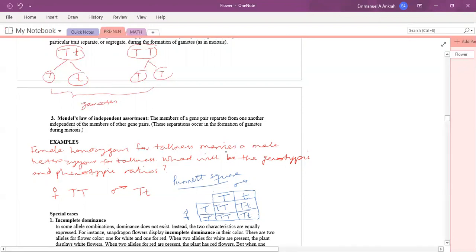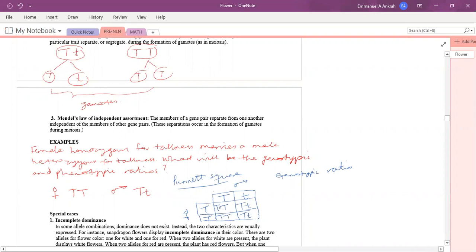So the question is, what is the genotypic ratio, genotype? So you're going to get the genotypic ratio. Okay. So you're going to look at the type of genes. These are called the offspring, right? If you look at the offspring or the first generation, usually we use the word F1.